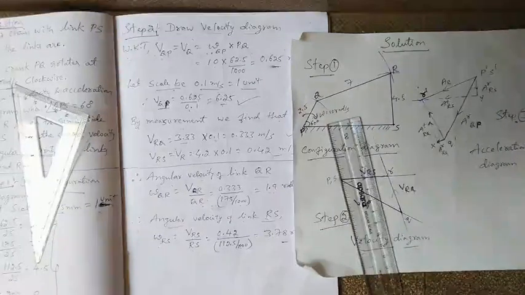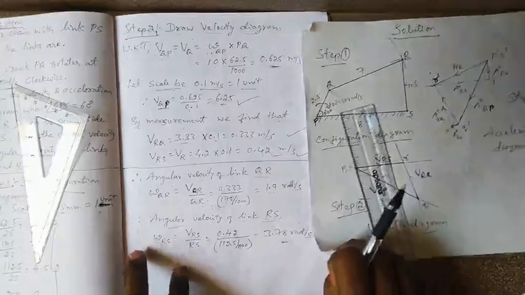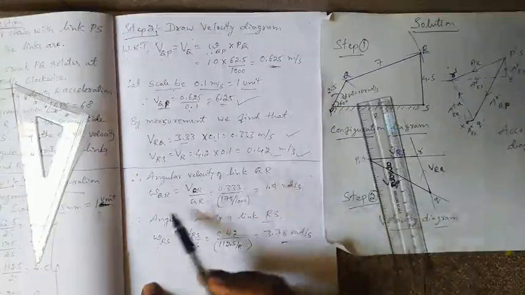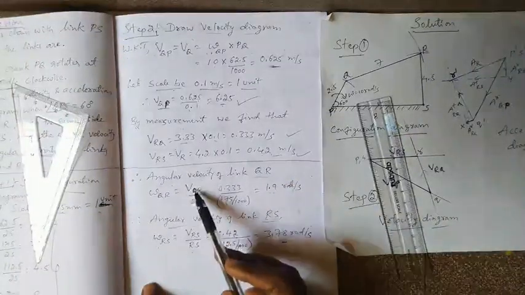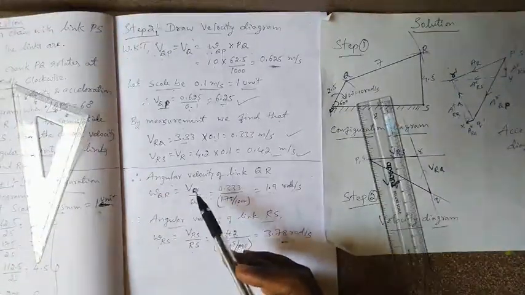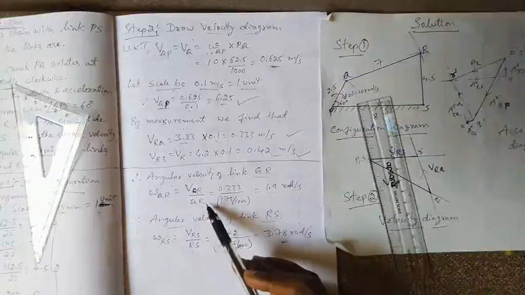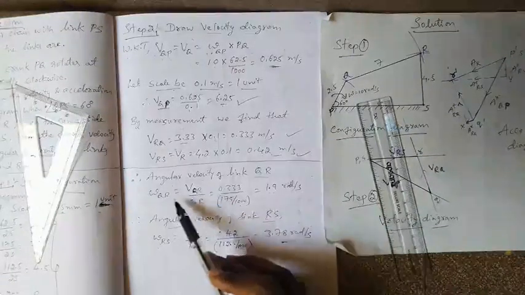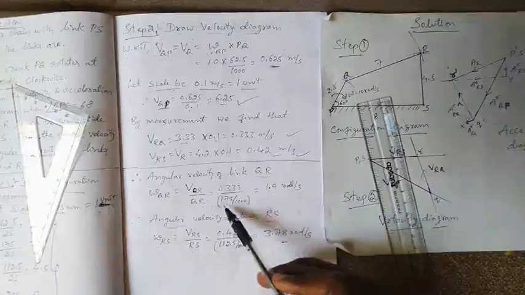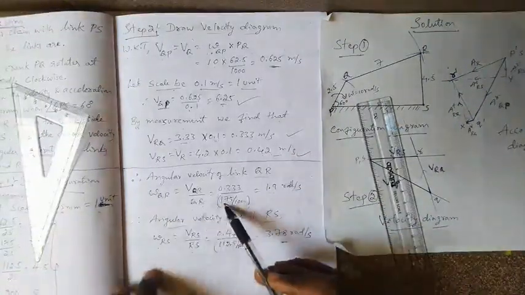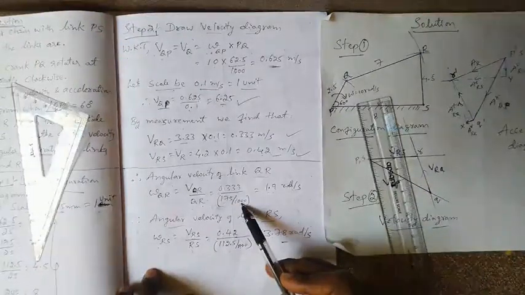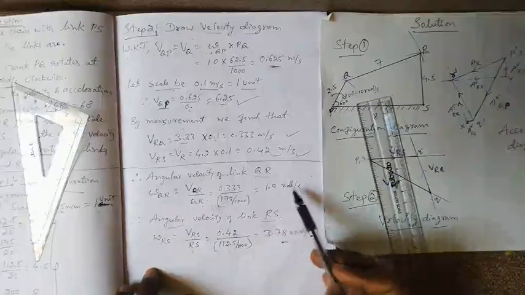Once we calculate the linear velocity, we can calculate the angular velocity also. Angular velocity is equal to linear velocity divided by the length of the link. For link QR, linear velocity 0.33 divided by the length of QR, 175 mm divided by 1000 to convert into meters, gives 1.9 radians per second.